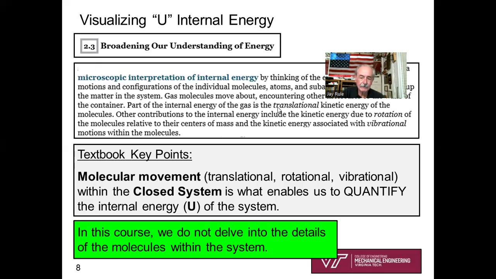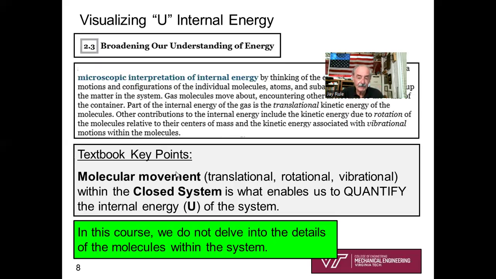And the text author does a great job of describing three different categories of molecular movement of the molecules contained within a closed system. So you fully realize that, let's say, a piston and cylinder containing air has a lot of air molecules in there. A canister of propane has a lot of molecules of propane in there.